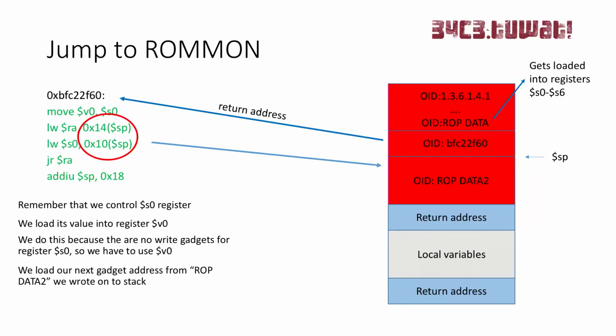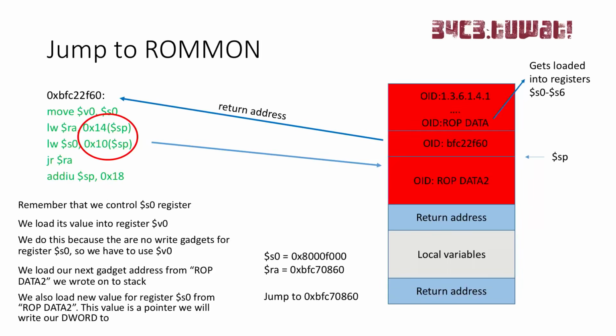After that, the most important part is we load the return address from the ROP data too, and also we load the address we will write to from the ROP data too. So basically, right now, after this gadget stops executing, S0 points to a memory we want to write to, and V0 contains the 4 bytes we'll be writing just before the code section.